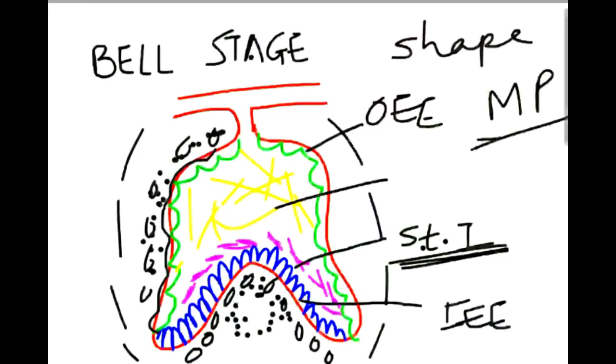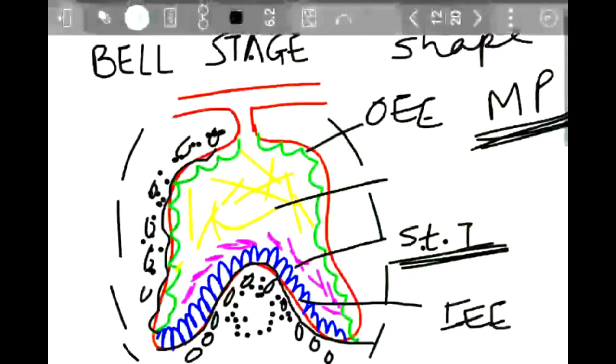Now, what is membrana preformativa? The basement membrane that separates the enamel organ and the dental papilla just prior to the dentine formation is called the membrana preformativa.